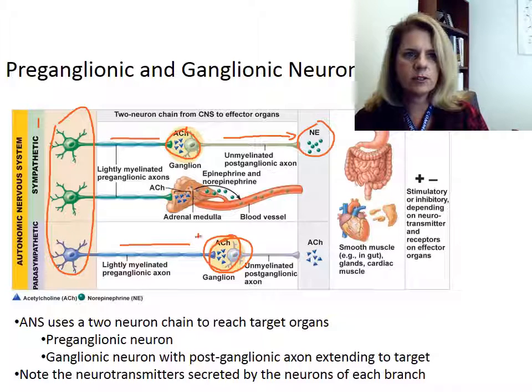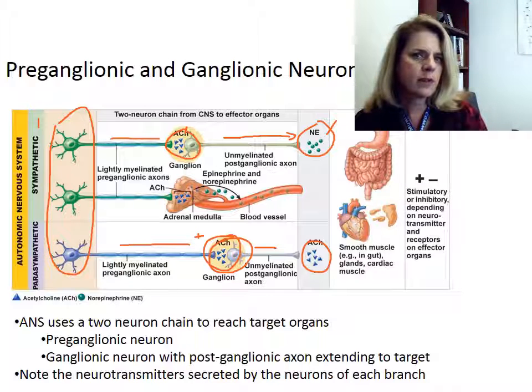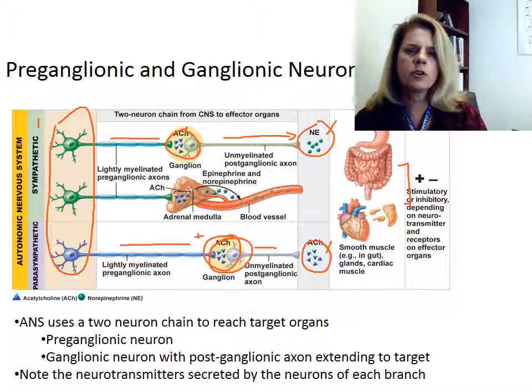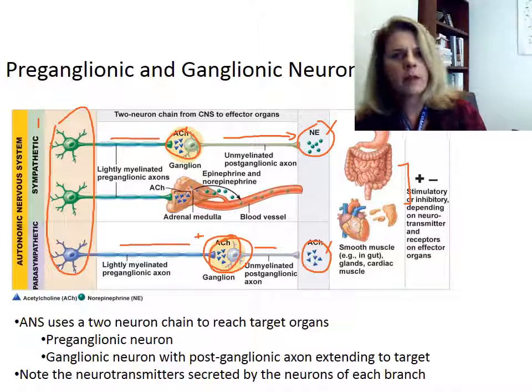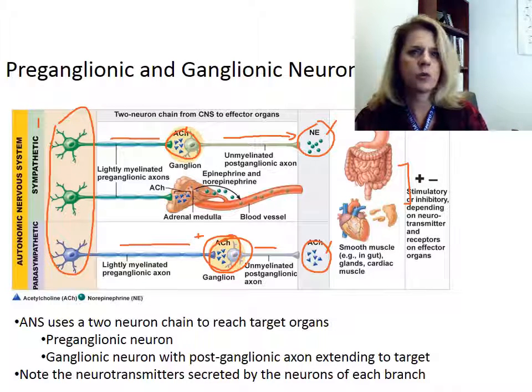It's still stimulatory, okay? That causes the second neuron to release acetylcholine, okay? So the sympathetic nervous system releases norepinephrine, the parasympathetic releases acetylcholine. And again, depending on what kind of receptor you have in the organs, it may or may not be excitatory or inhibitory. We'll talk about that as we move forward.